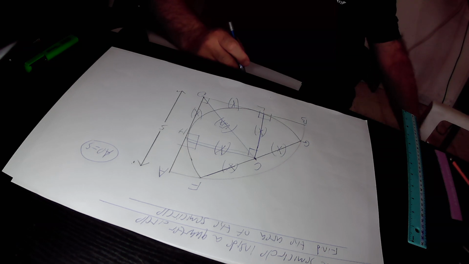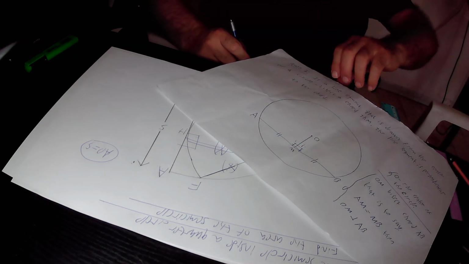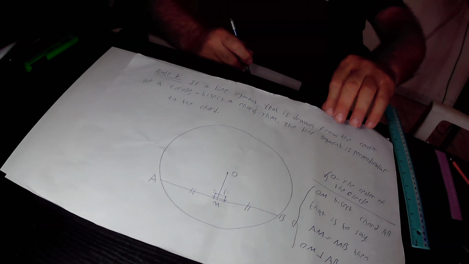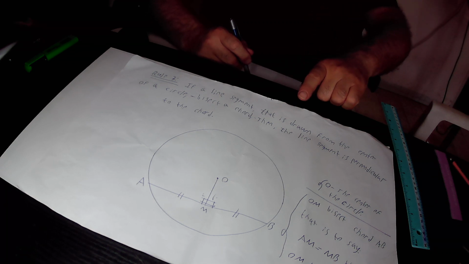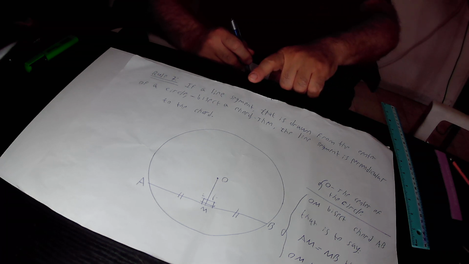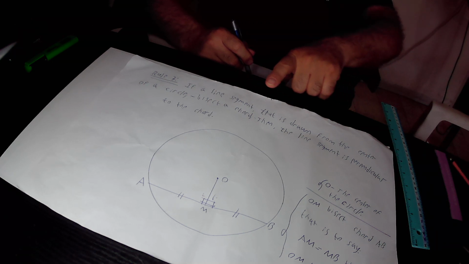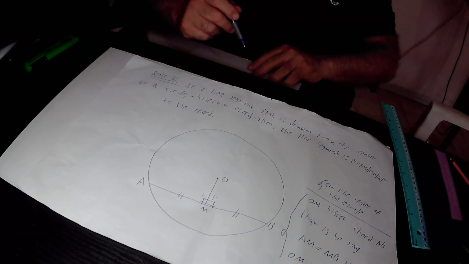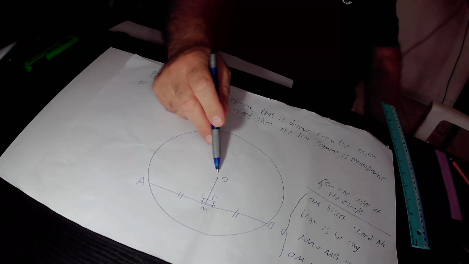So I repeat quickly rule 7. According to rule 7, if a line segment from the center of the circle bisects the chord, then the line segment is perpendicular to that chord. So in the drawing we have a circle, and this is point O, the center of this circle.